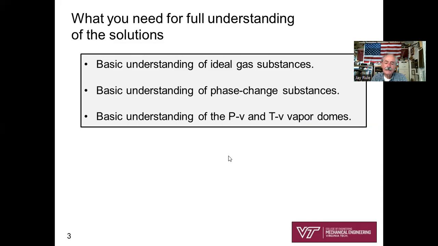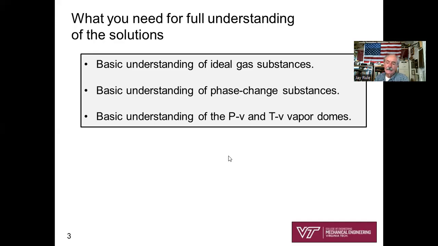You need to have a basic understanding also of phase change substances like H2O, water and steam, refrigerant, propane, ammonia, which can change phases. So I hope that you have an understanding of those types of substances.